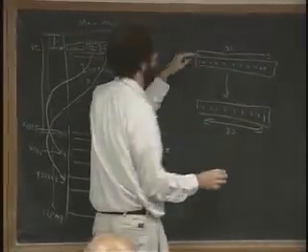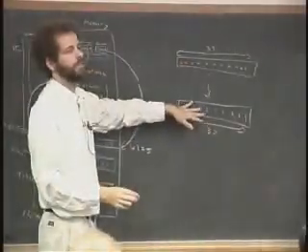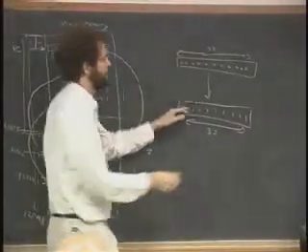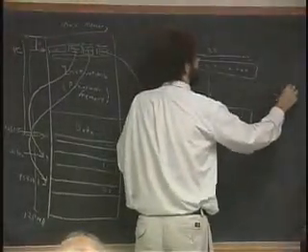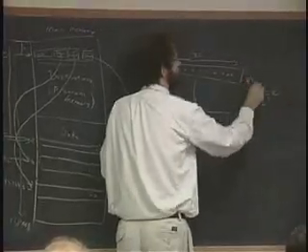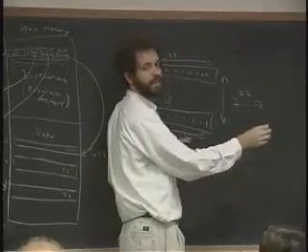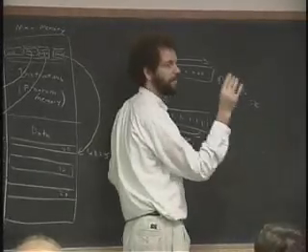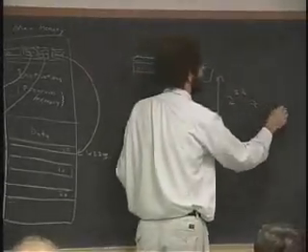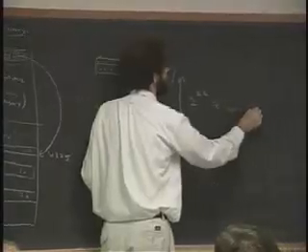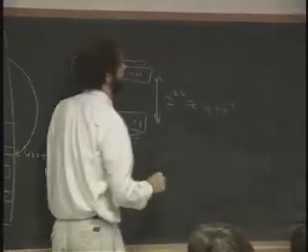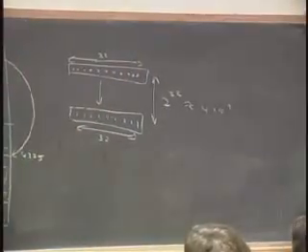How many different combinations of zeros and ones can I have, counting this? It's 2 to the 32 different ones, which is about 4 billion. It's about 4 times 10 to the 9th. It's actually more than that, but okay.